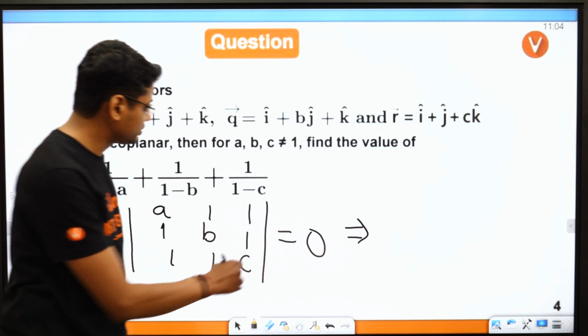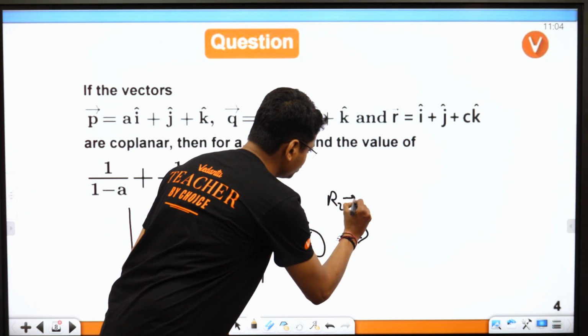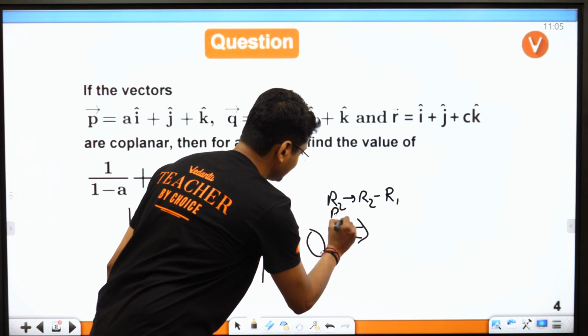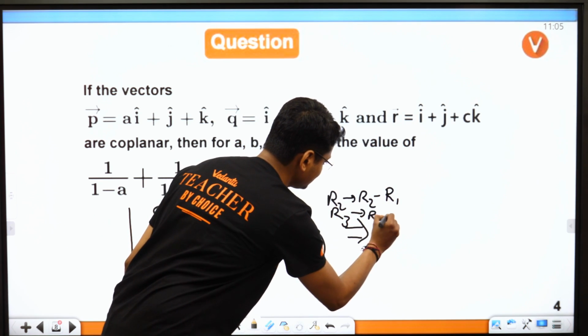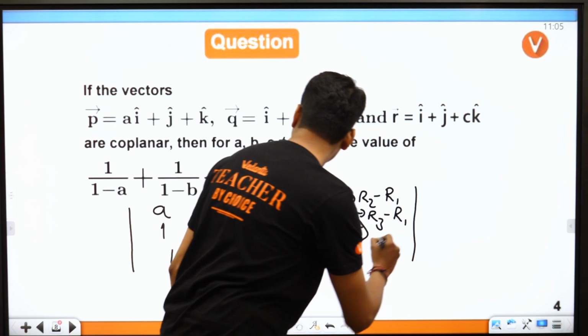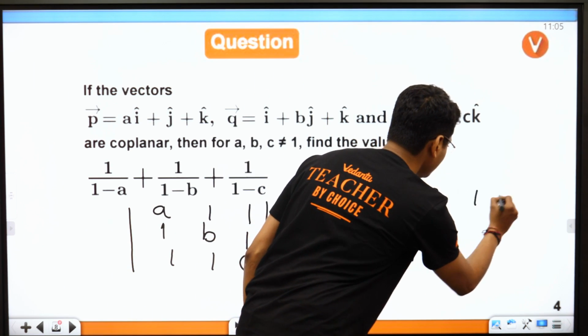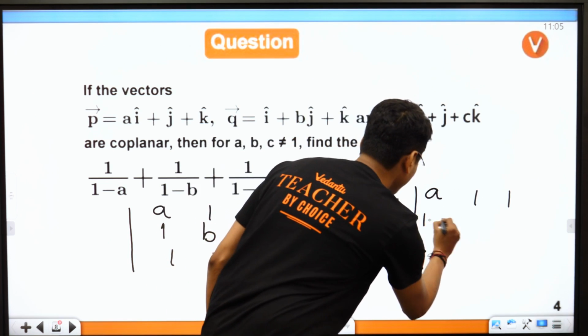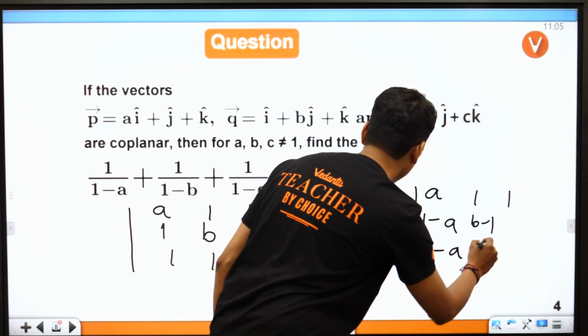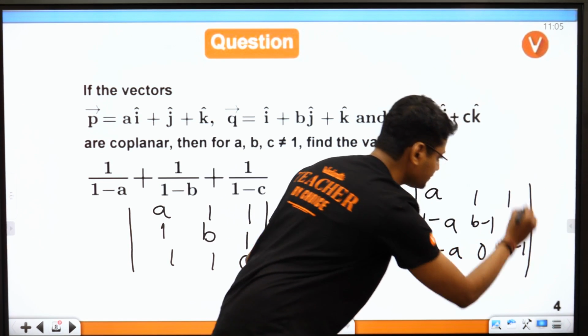I'll try to make zeros. So R2 goes to R2 minus R1 and R3 goes to R3 minus R1. So what will I get? I'll get A 1 1, 1 minus A, B minus 1, 0, 1 minus A, 0, C minus 1.